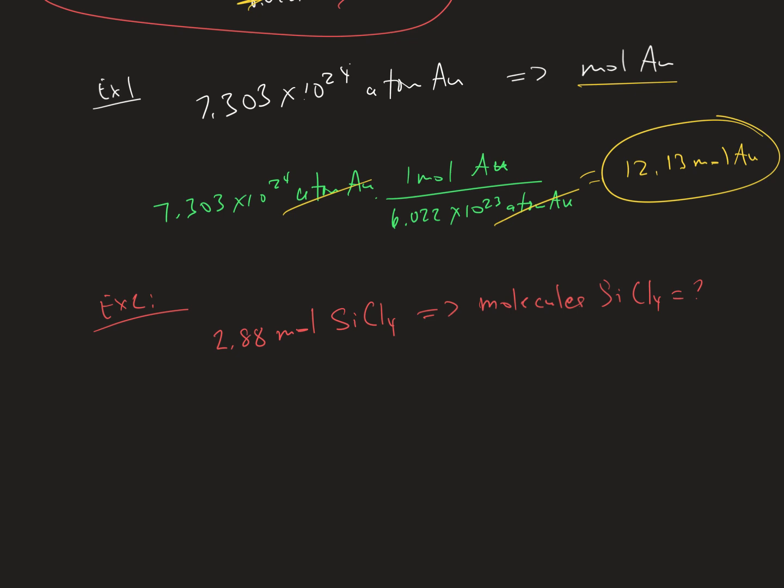1 mole we can put on the top. Start with what we're given. 2.88 moles of SiCl4. What unit goes on the bottom? Moles. We don't want moles. We want molecules. See why you shouldn't abbreviate it? For every 1 mole of silicon tetrachloride, we get what?